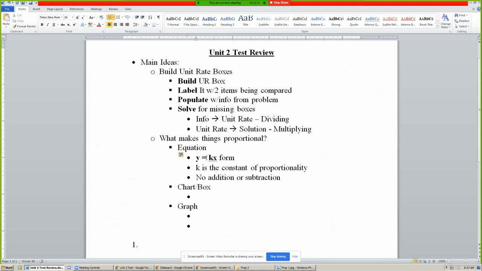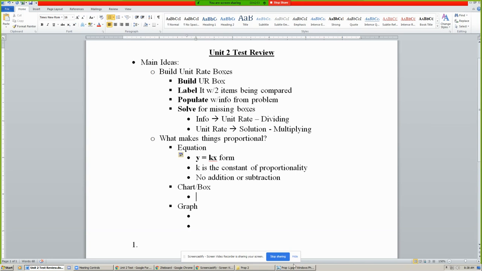You're going to have some problems on your test that say, here's an equation, what's the constant of proportionality? It does not matter what's in there. It could be y equals 10x, where the constant is 10. It could be y equals 1/3 x, where the constant is 1/3. It could be y equals px, where the constant would be p. Whatever takes the place of k.